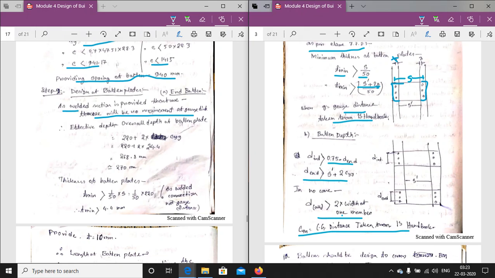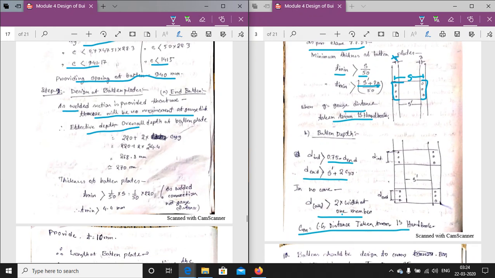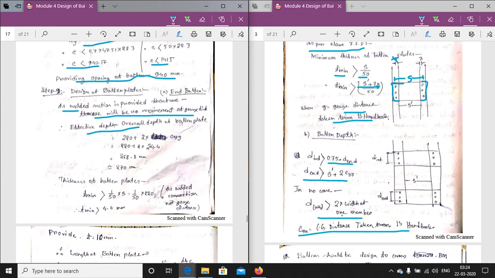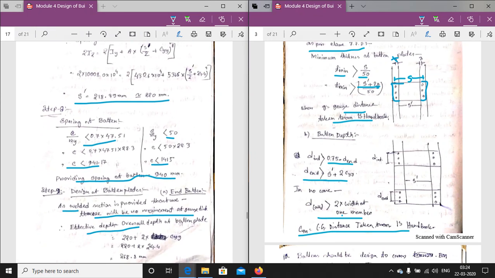So the effective depth will be equal to the overall depth of the batten plate, because effective depth equals S dash plus 2 CYY, where S dash means S plus 2G. As we are getting S dash equal to 220, it will be the total value.